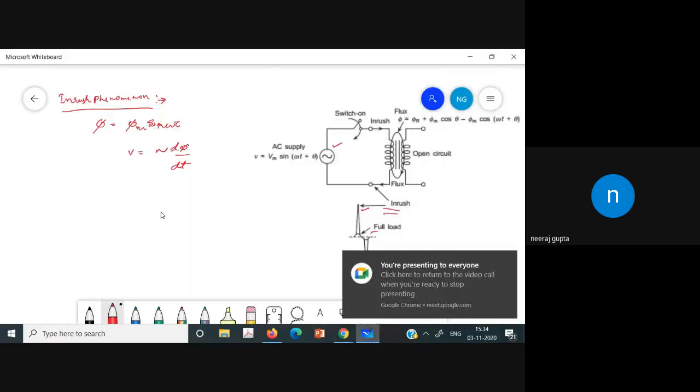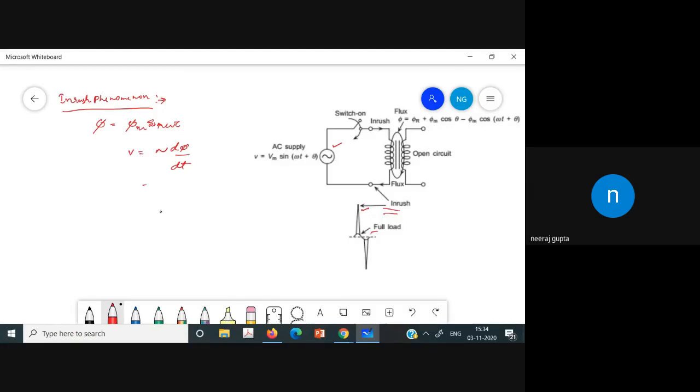Now the induced voltage is given by N d phi by dt, and finally we get N phi m omega cos of omega t.